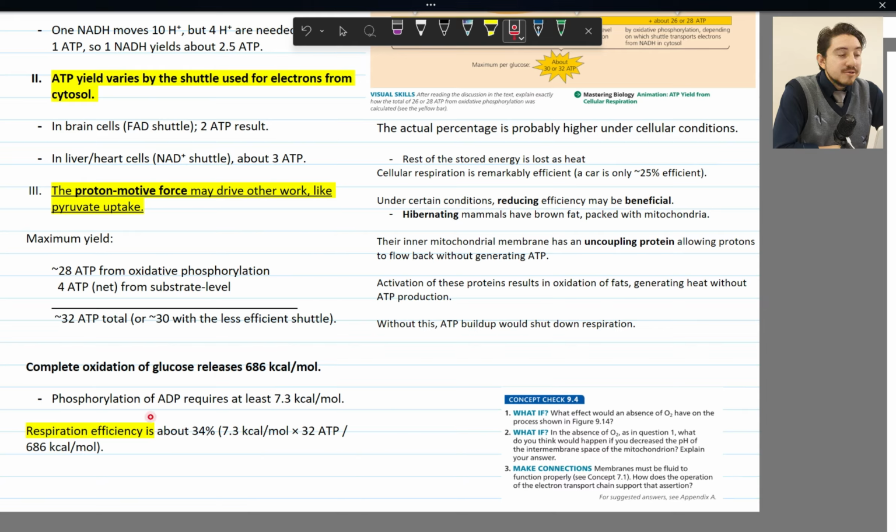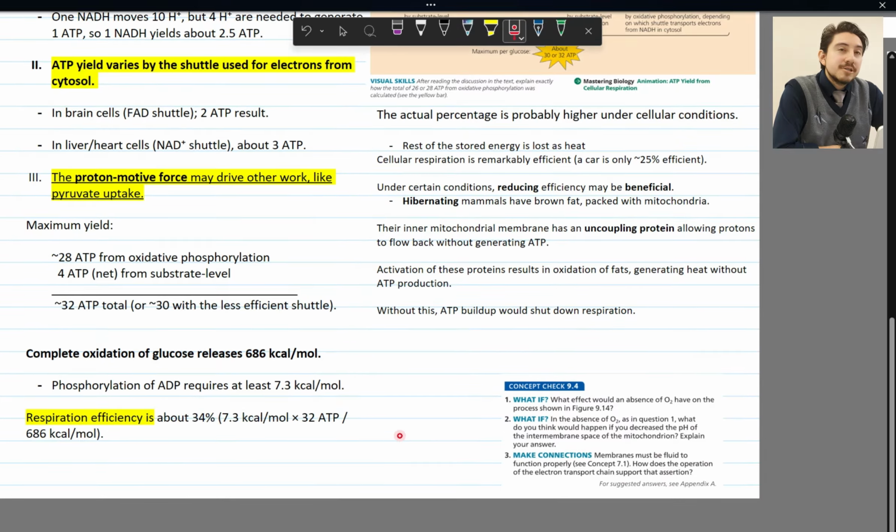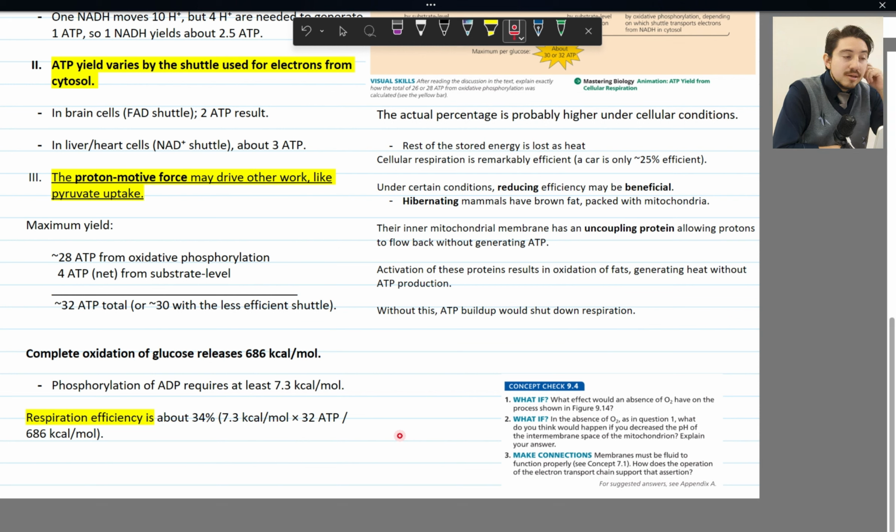Phosphorylation of ADP requires 7.3 kilocalories per mole. So you can actually calculate the efficiency with which you are using the oxidation of glucose to produce ATP. In this case, it's called the respiration efficiency. It's about 34% that you can extract from a glucose molecule, okay?